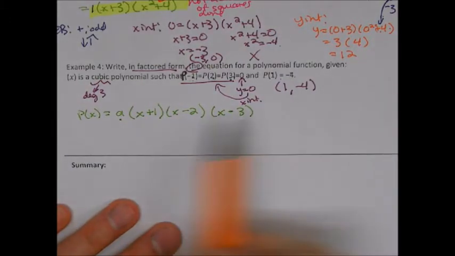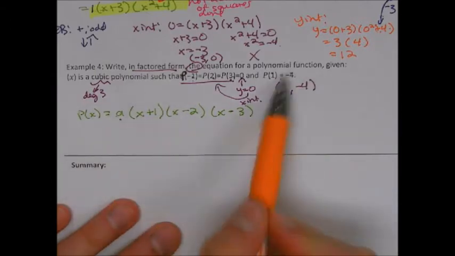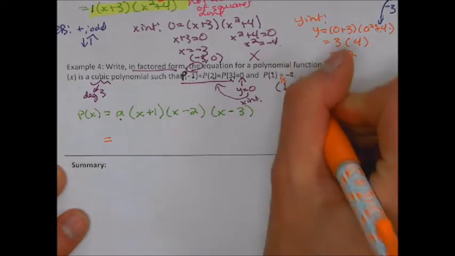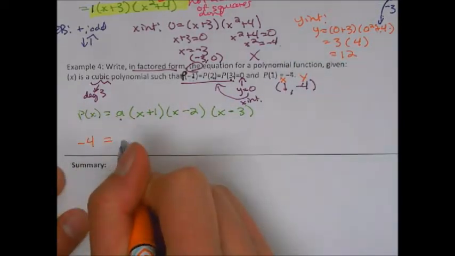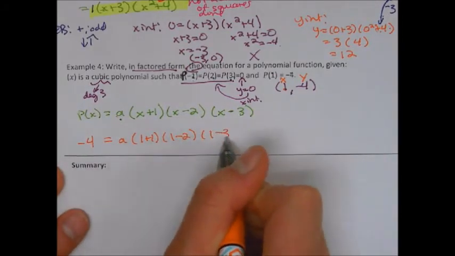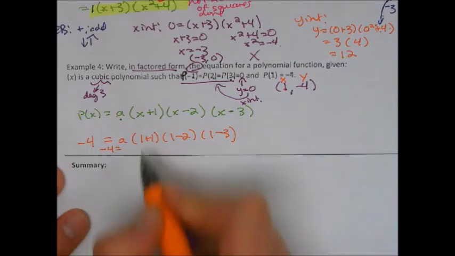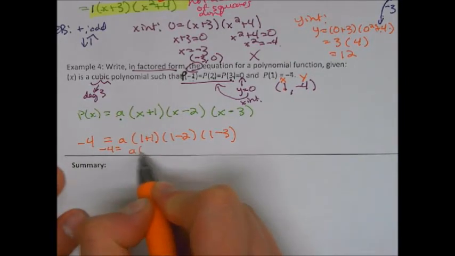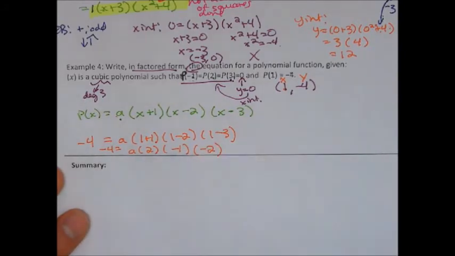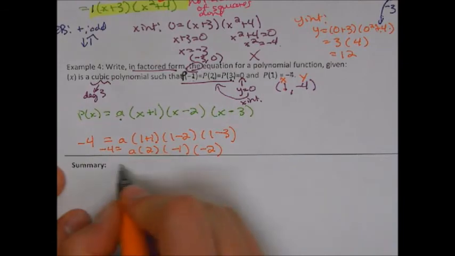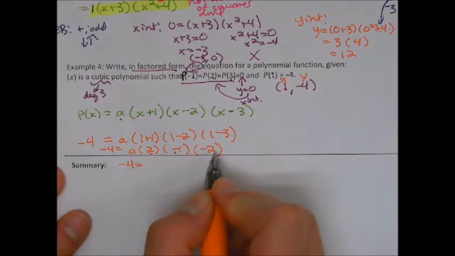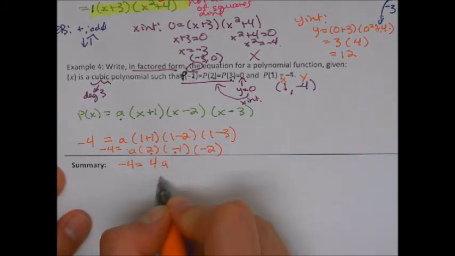Now we get to solve for our A. How do we solve for our A? We use our point. So we're going to plug in 1. 1 is my x, negative 4 is my y. Let's see, 1 plus 1 is 2, 1 minus 2 is negative 1, 1 minus 3 is negative 2. Negative 4 equals 2 times negative 1 times negative 2 times A, which is positive 4A.